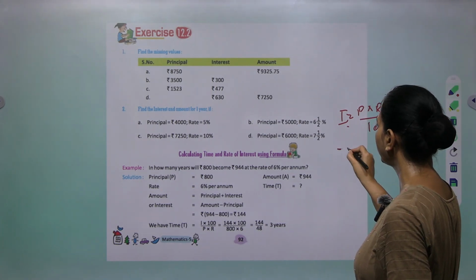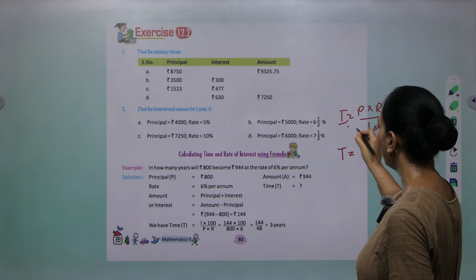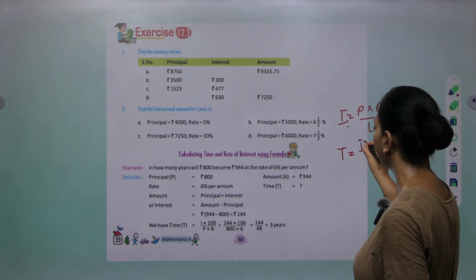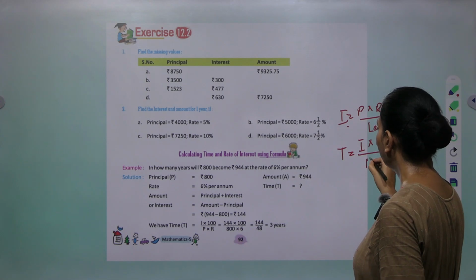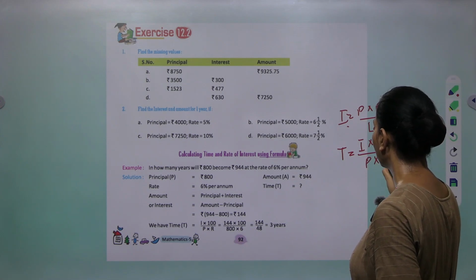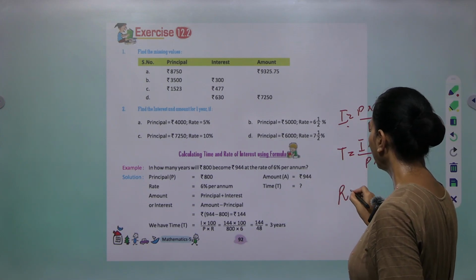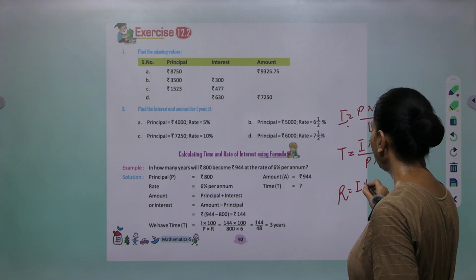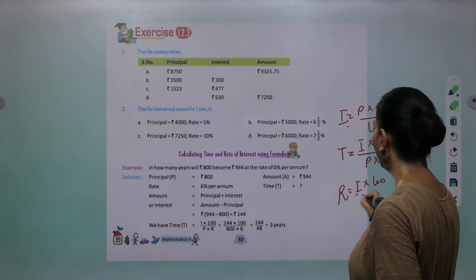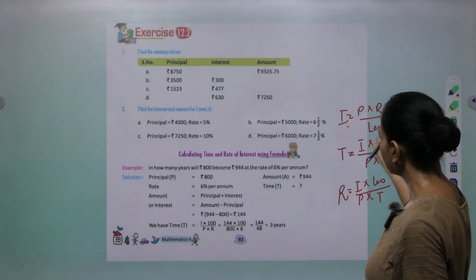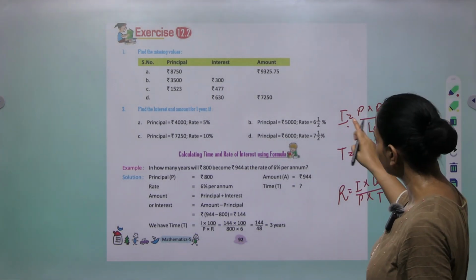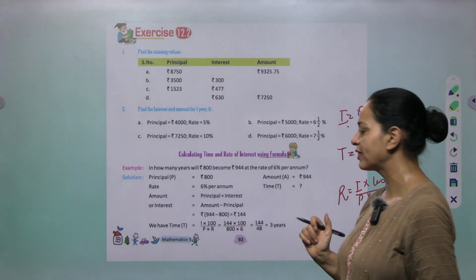If we have to find time, what will the formula be? You shift 100 to this side: time equals interest into 100 upon P into R. If you have to find rate, it would be interest into 100 upon P into T, right? Just learn one formula, and with its help you can find the other values.